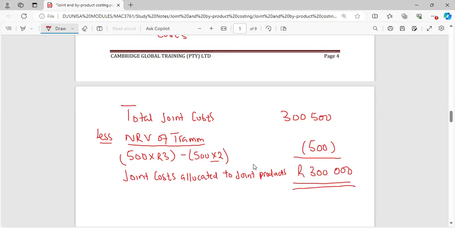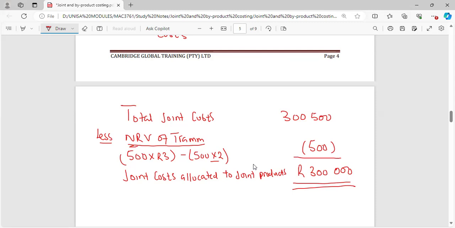Right, so that will be your first step in your questions, which means you need to determine the joint cost to be allocated to the joint product. In determining it, you need to deduct the net realizable value of a byproduct or a scrap. Remember, the treatment of a byproduct and a scrap is the same.